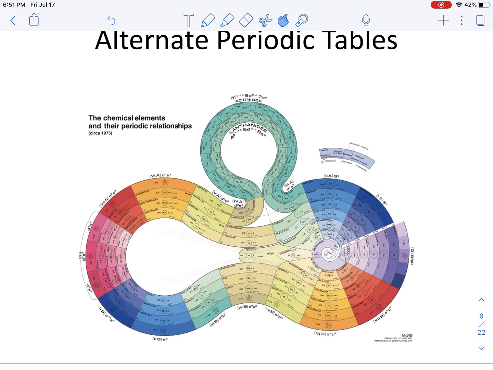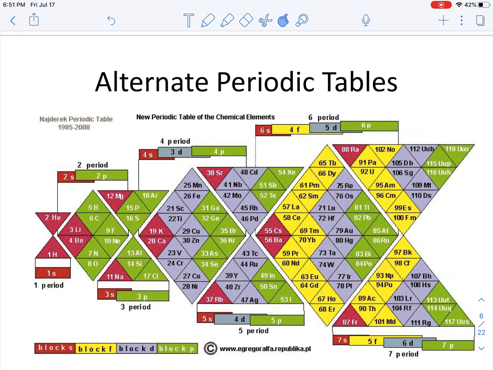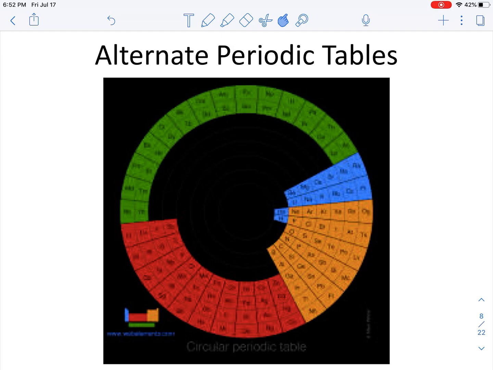So there are all manner of different kinds of periodic tables that you could look at. Here's another one that shows the different things. But again, the whole idea being that anything in a particular column are elements that share similar properties. That one just makes my brain hurt, but I guess there's something to that one.